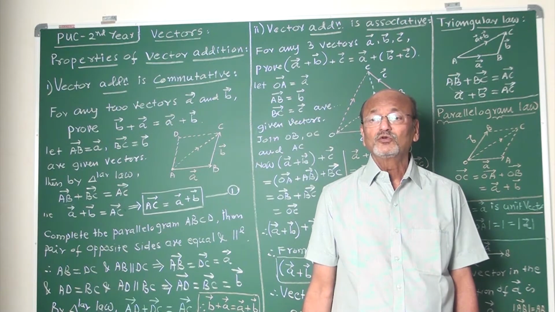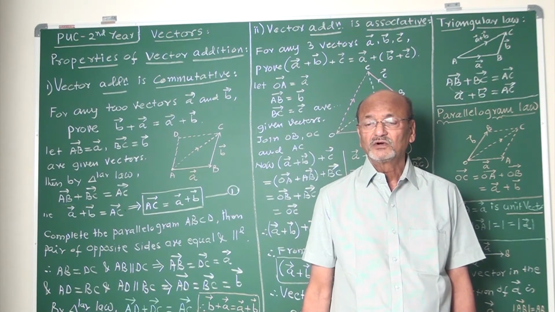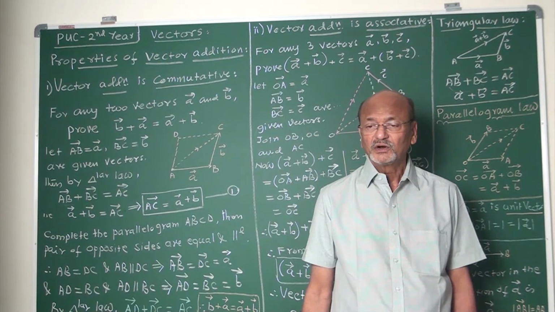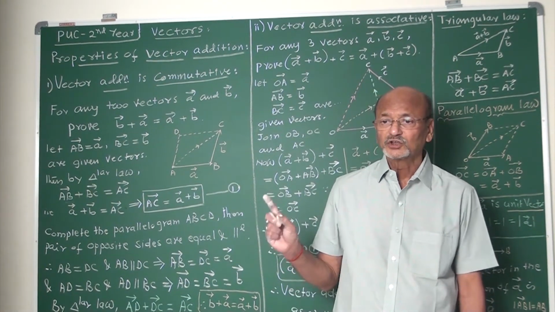And B into A equal to A into B is the commutative law with respect to multiplication of real numbers, my friends. But we have an interest only in case of what? Addition is commutative.